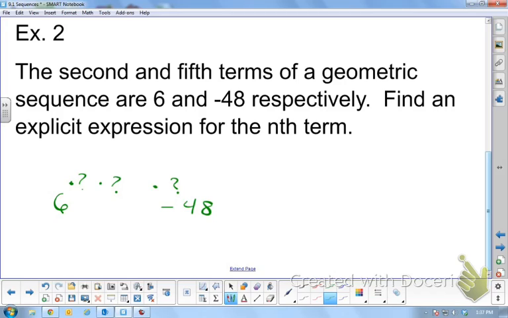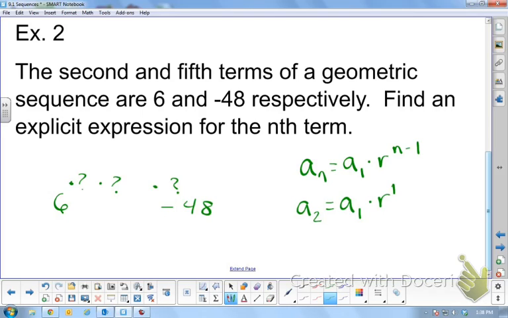There's also a more explicit way to do this. I know that a sub n equals a sub 1 times r to the n minus 1. Correct? We know that's the formula for a geometric sequence. And I also know that they gave me the 2nd term and the 5th term. So I know the 2nd term, a sub 2, is a sub 1 times the common ratio to the 2 minus 1, or in other words, to the first.